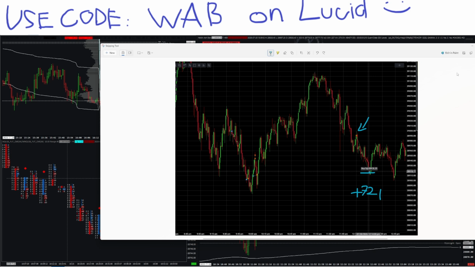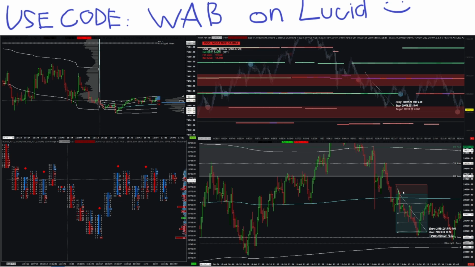Okay, so let's talk about this trade that I took. Looking at my chart right now, you can tell that what I have going on is a lot more than my previous videos. I've just incorporated some GEX levels to use as confluence and make my thesis stronger.